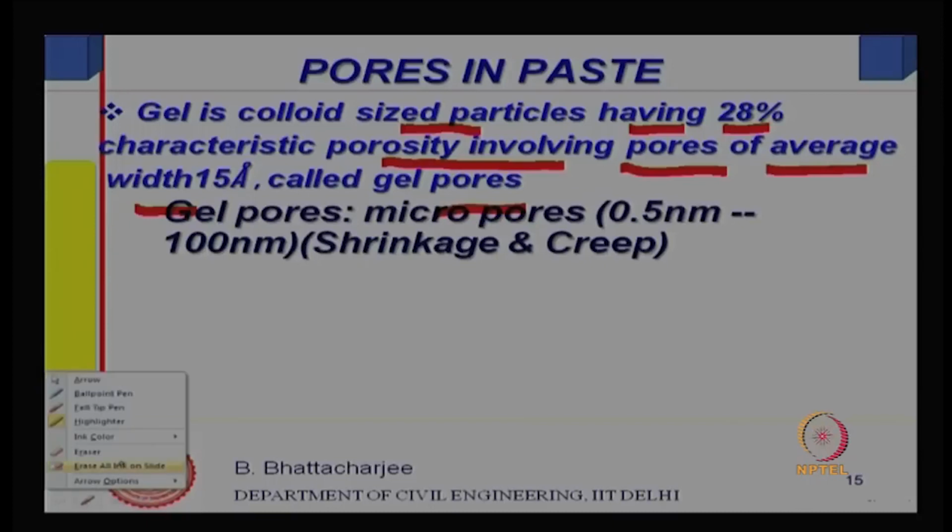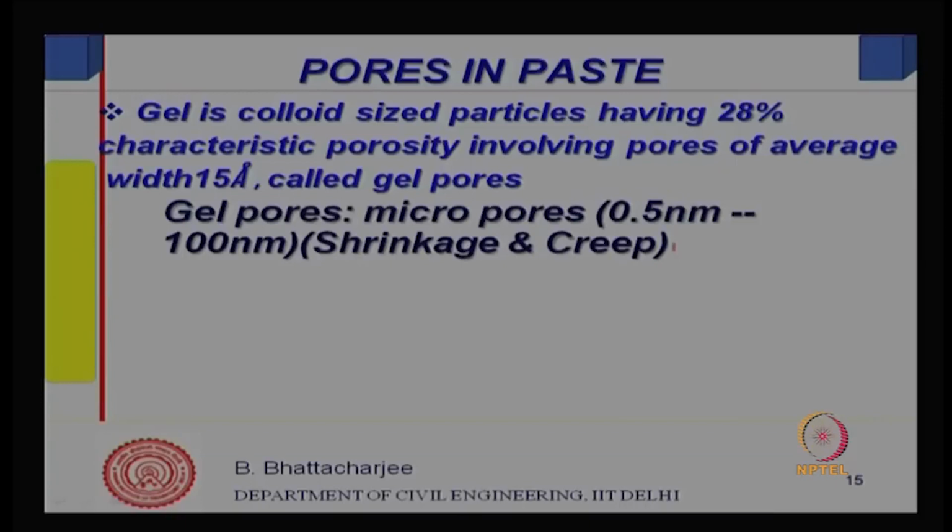So, gel pores are micropores, or you can even say nanopores, 0.5 nanometer to 100 nanometer size. These are generally considered to be responsible for shrinkage and creep.